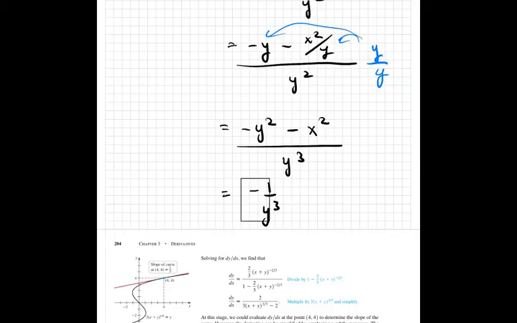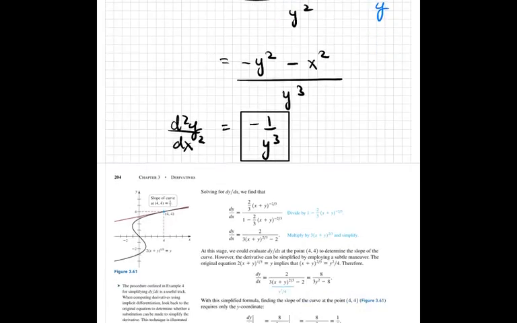All right, well, that's how it goes sometimes. So we'll get this, and that's the second derivative of y with respect to x. Okay. That one was fine.